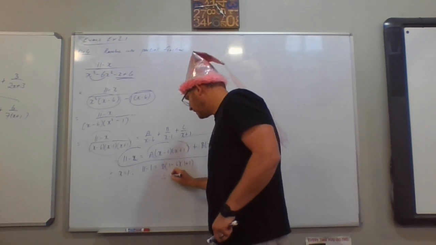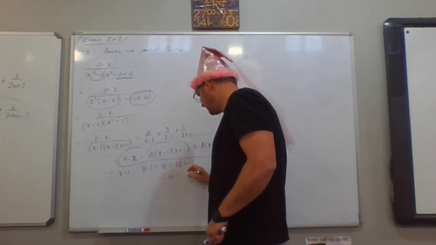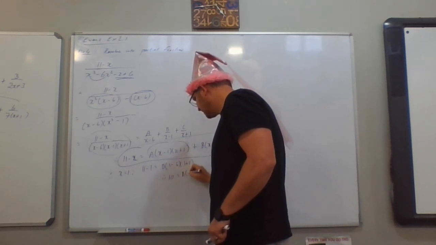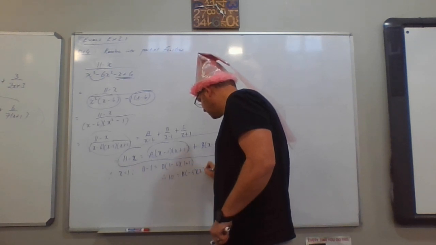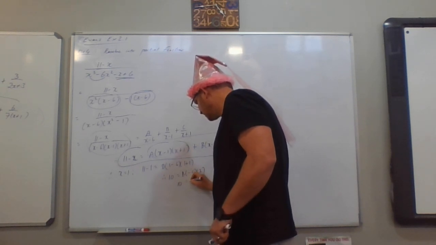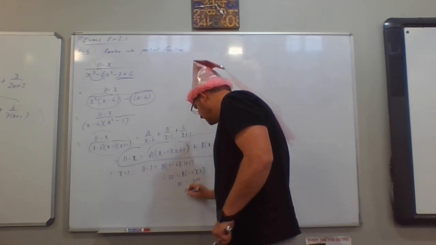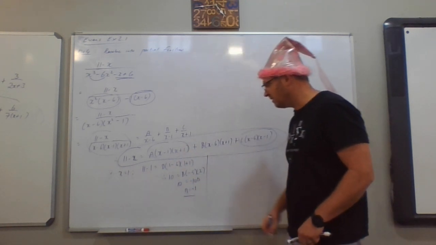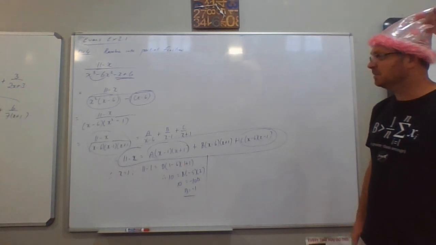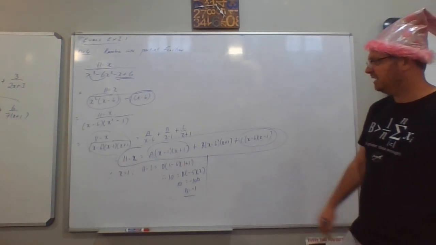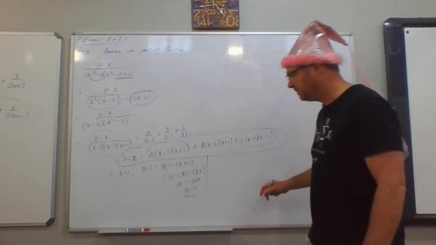So if I simplify, I get 10 is equal to b times negative 5 times 2. So 10 is equal to negative 10b. So b is equal to negative 1. Right. That's if x is equal to 1. And so I'll end up with negative 1 over x minus 1.